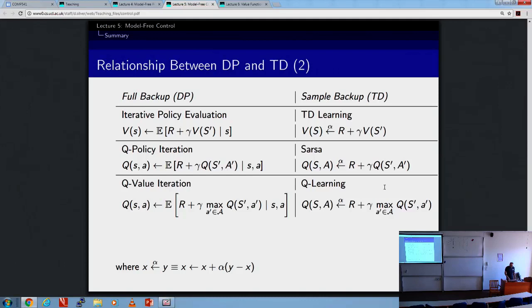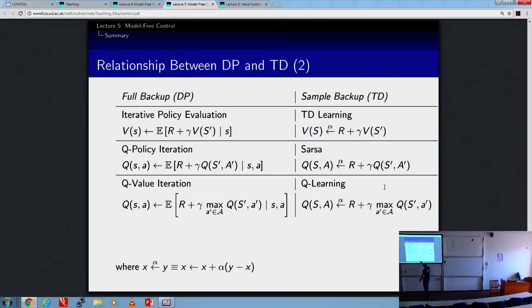So these are the equations for the full backup and sample backup cases. In the full backup case, iterative policy evaluation with V: V always gets the expected value of the immediate reward plus gamma times the discounted future reward. Same thing with Q over here. Here's the value iteration over here.